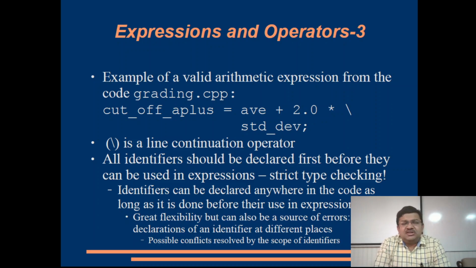So the philosophy is, as far as possible, use local variables with limited lifespan, right? So scoping rules, we discussed about the lifespan of identifiers. So try to declare variables or identifiers whose lifespan is limited.